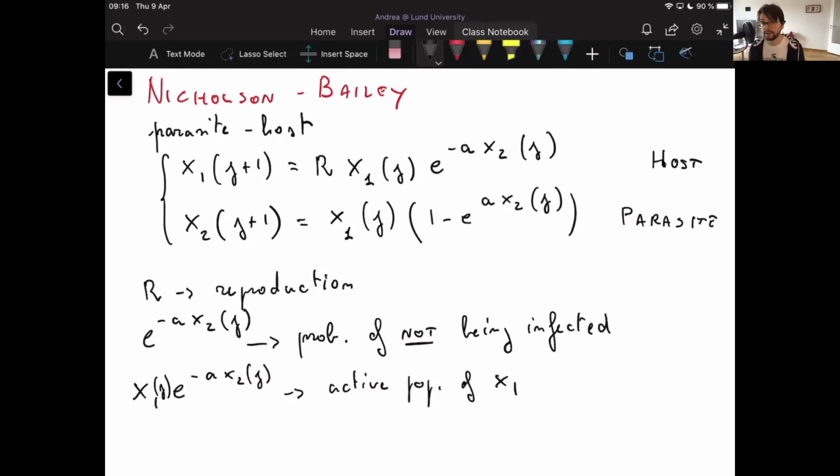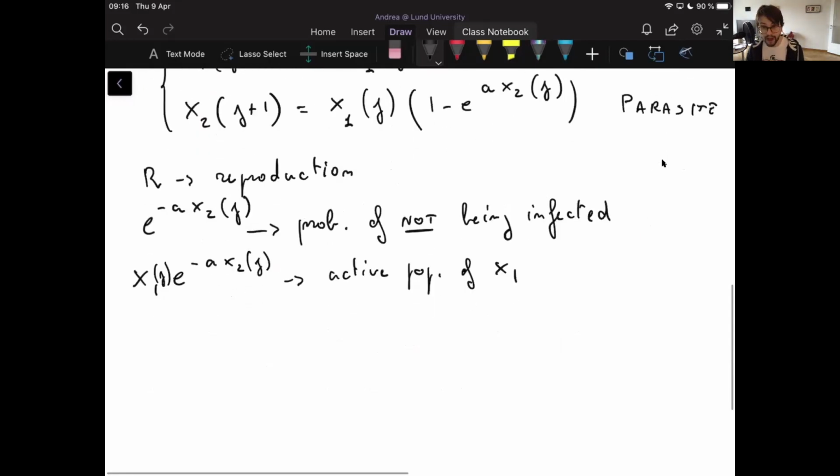So the number of parasites at the next iteration will be 0.1 times the number of hosts at the same iteration. So that's pretty much the system that Nicholson and Bailey modeled in 35, so pretty trailblazing work for 35 mathematics.